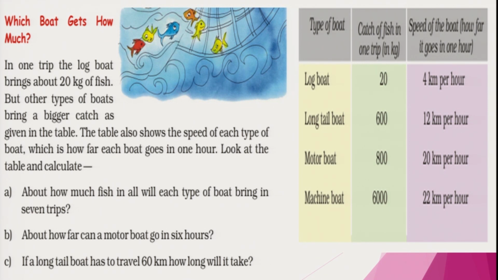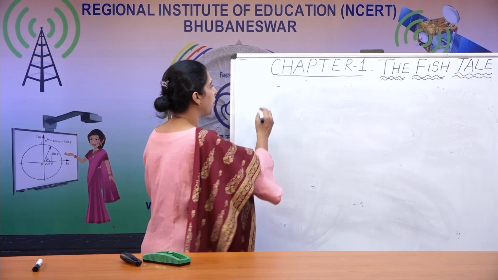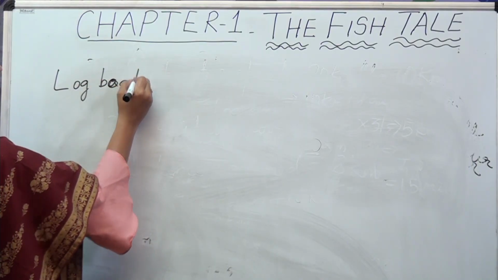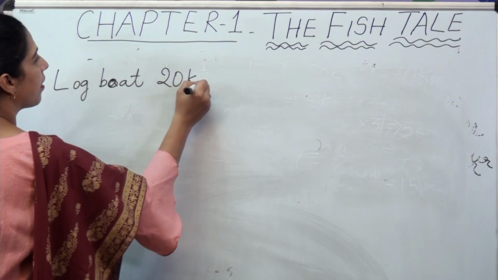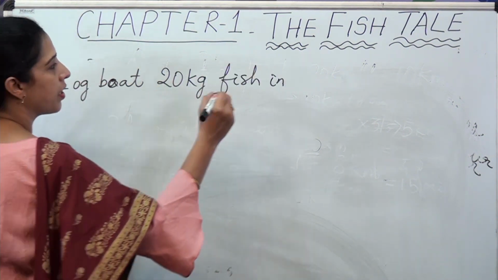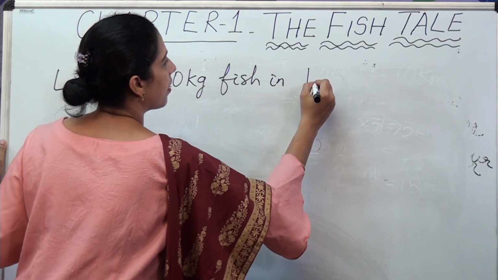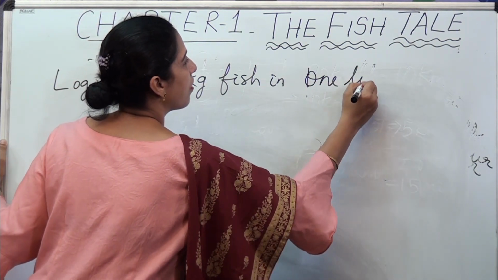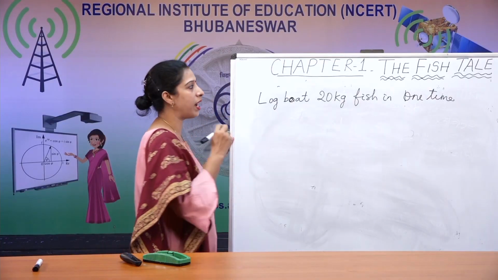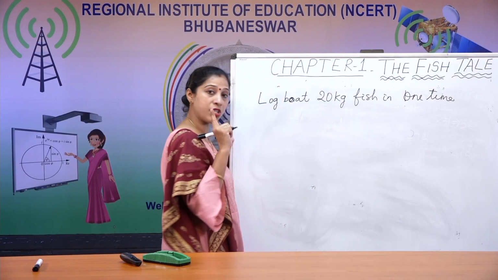So okay, we have to find out each type. So the log boat can catch 20 kg fish at a time, in one trip. So how much fish will it catch in 7 trips? In one trip, it can catch 20 kg.